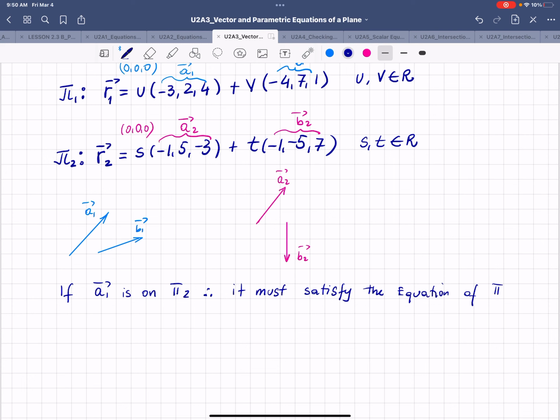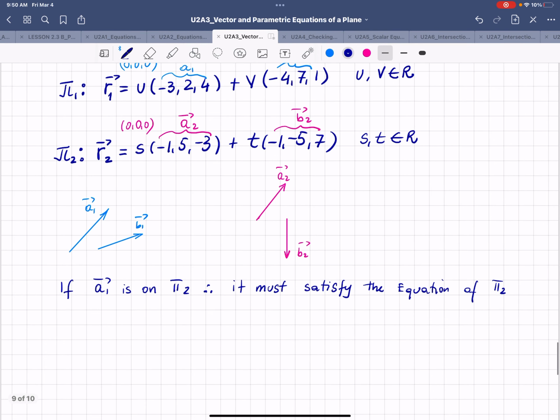What that means is that if we substituted the coordinates negative 3, 2, and 4 for any vector on pi 2, then we would have negative 3, 2, 4 equals S negative 1, 5, negative 3, plus T negative 1, negative 5, 7.